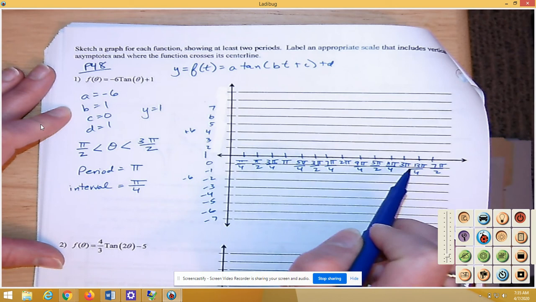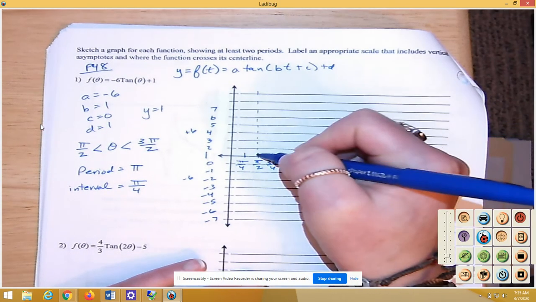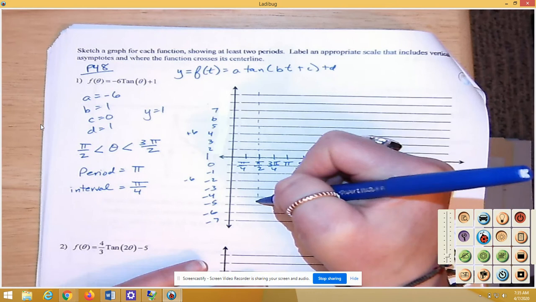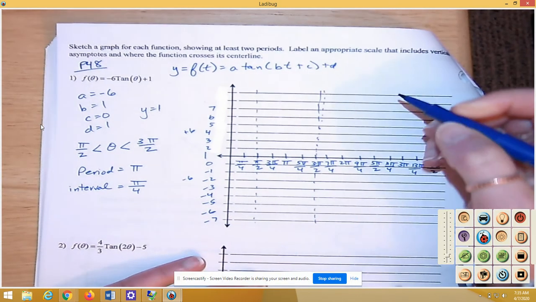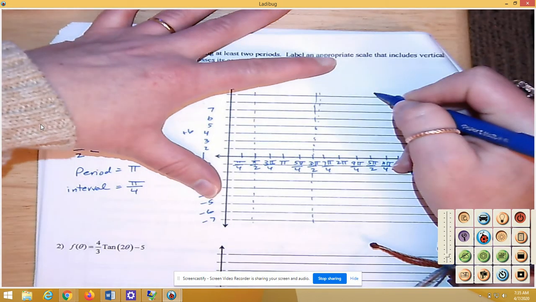All right, we're going to put in our vertical asymptotes at pi over 2. I'm going to put another vertical asymptote at 3 pi over 2. That was not lined up very well, so I have a little bit of a curve there. Doesn't have to be perfect. All right, and then 5 pi over 2. Okay, and then 7 pi over 2.